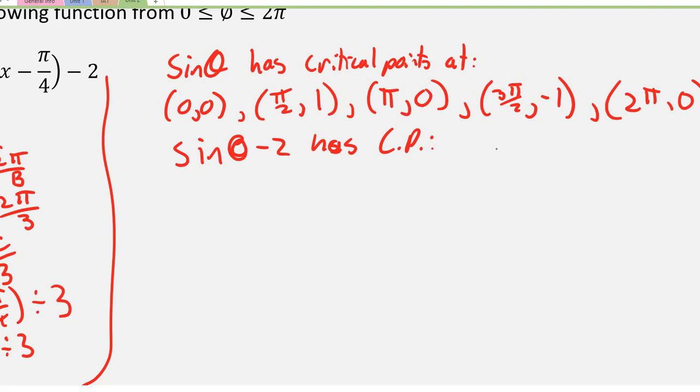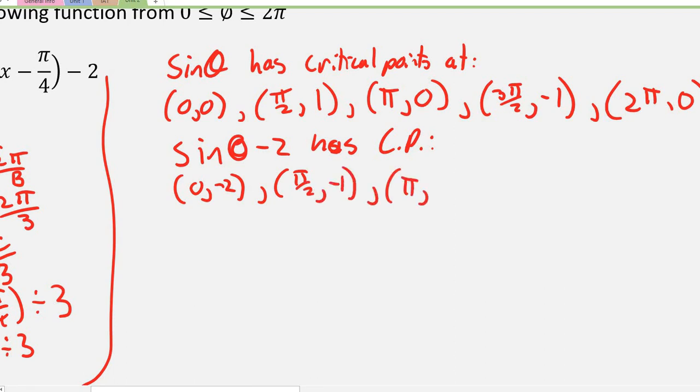Okay. So that's going to be 0, comma, negative 2, pi on 2, comma, negative 1, pi, comma, negative 2, 3 pi on 2, comma, negative 1, 2 pi, comma, negative 2.